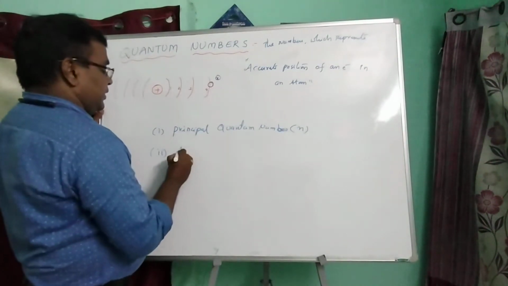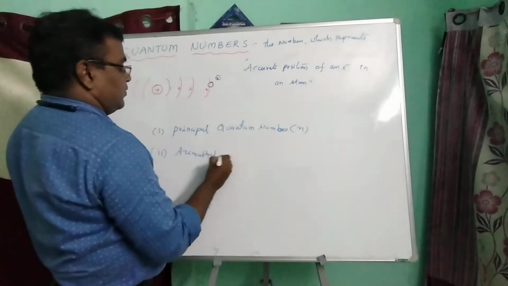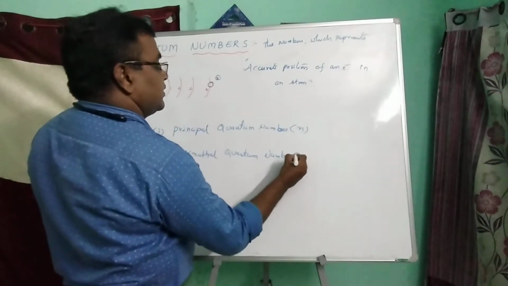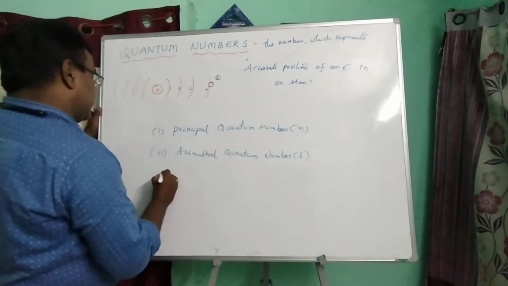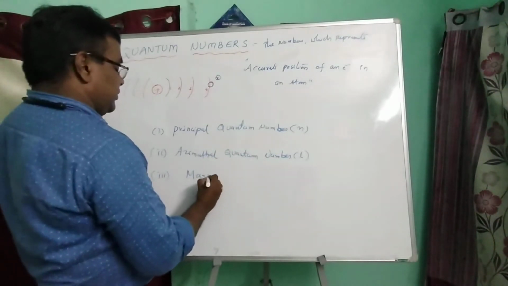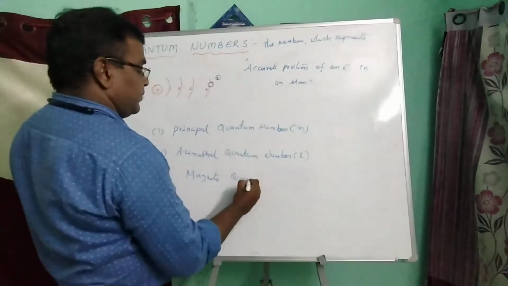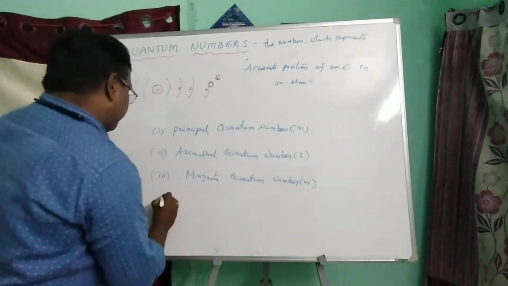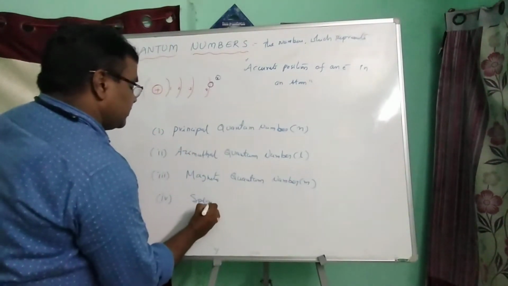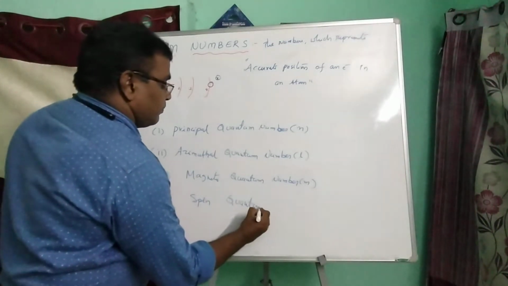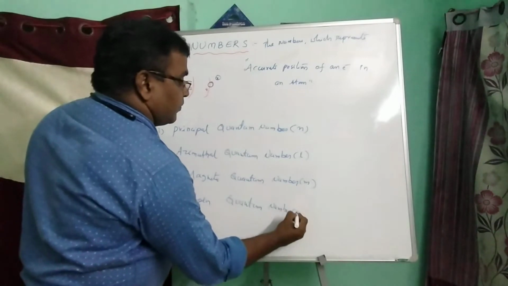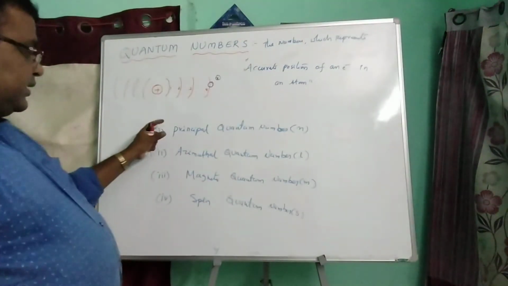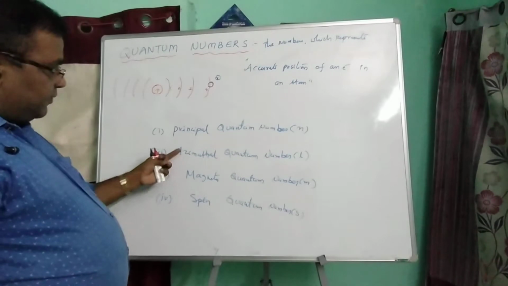The second one is the azimuthal quantum number, represented by L. The third one is the magnetic quantum number, represented by M. The fourth one is the spin quantum number, represented by S.